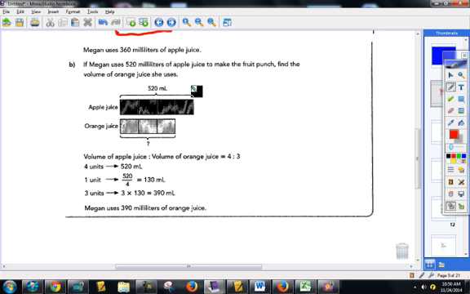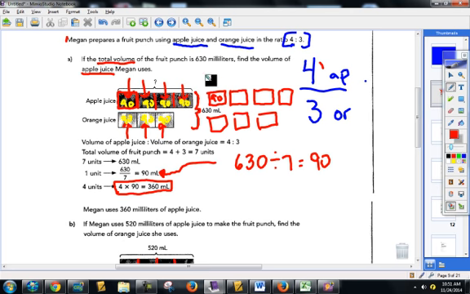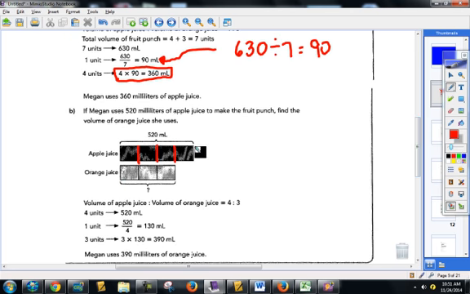Here we go. Now, if Megan uses 520 milliliters of apple juice, find the volume of orange juice she uses. Up here we were given the whole amount, the total of both of them combined, whereas down here we're given the actual amount of apple juice used.